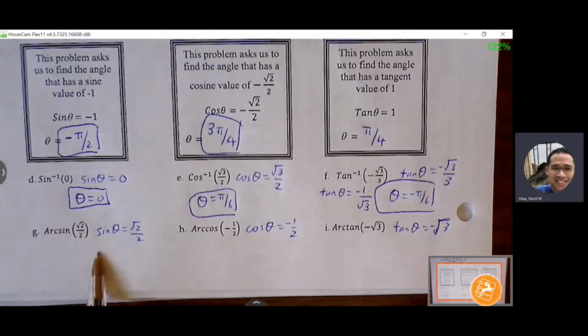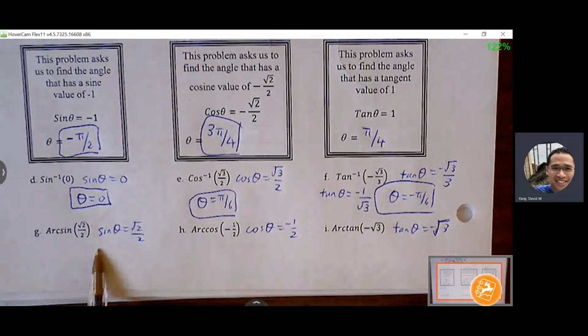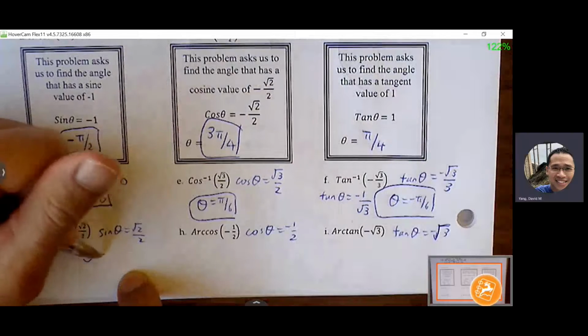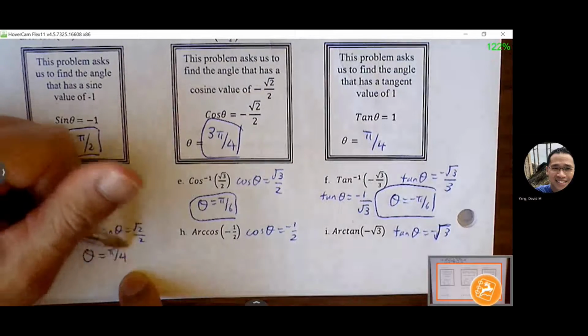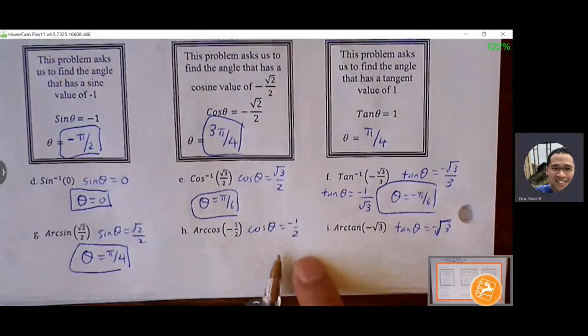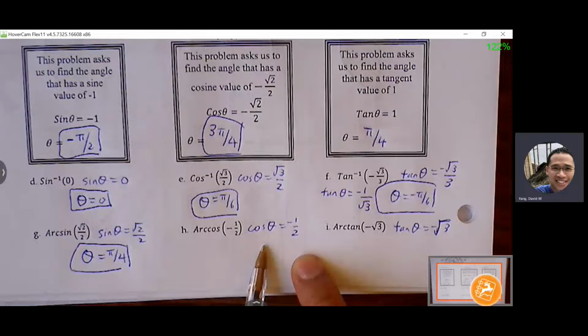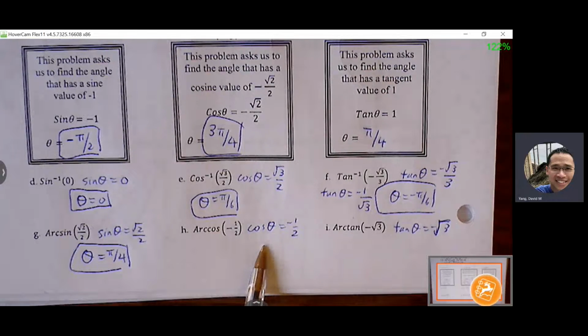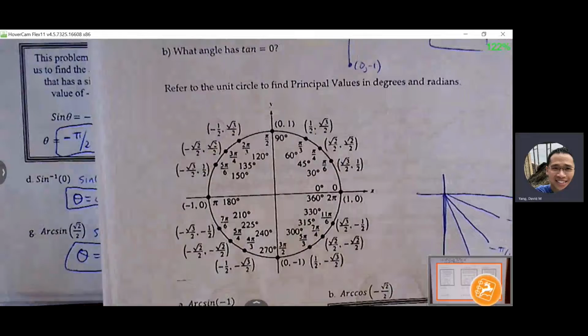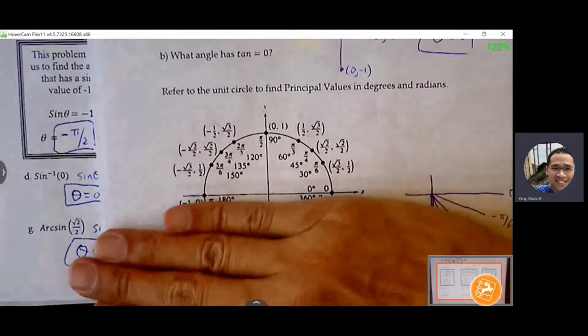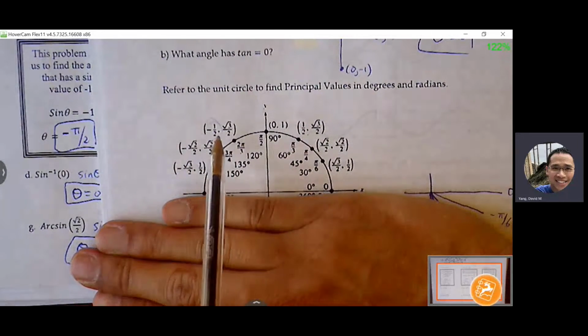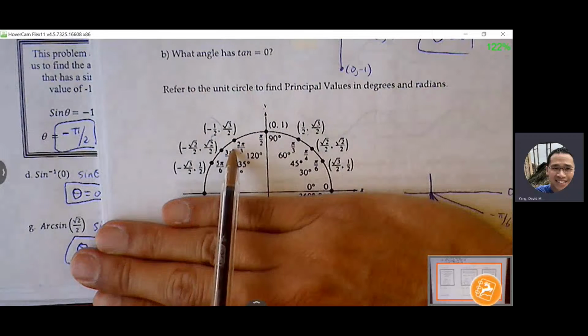Okay. Where's sine equal to √2/2? First quadrant. When is cosine equal to -1/2? Good. We have to force ourselves to look in the first and second quadrant, right? 2π/3.